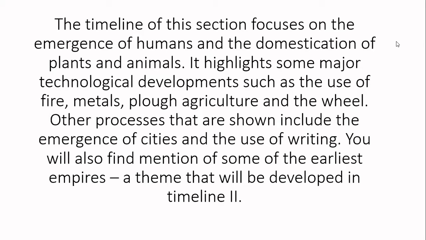Some other processes are also shown that include the emergence of cities and use of writing. We will also see the mention of some early empires, although early empires is a timeline that we will look at in more detail in timeline 2, that is section 2.